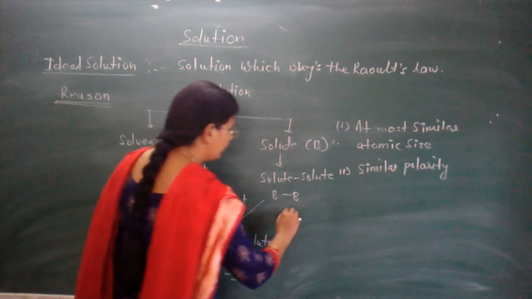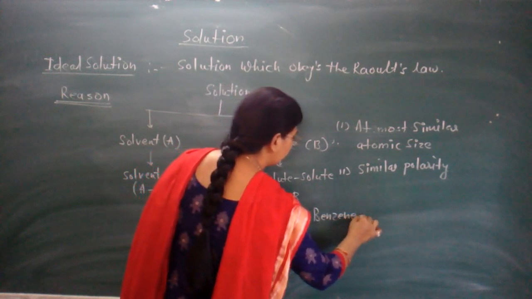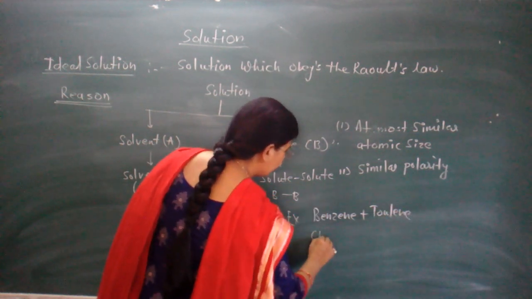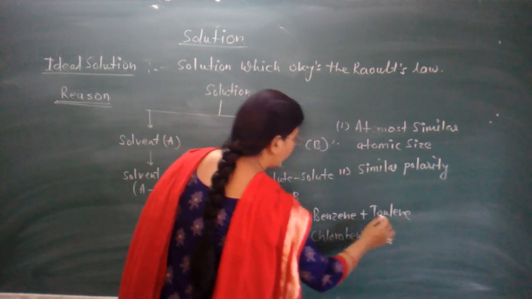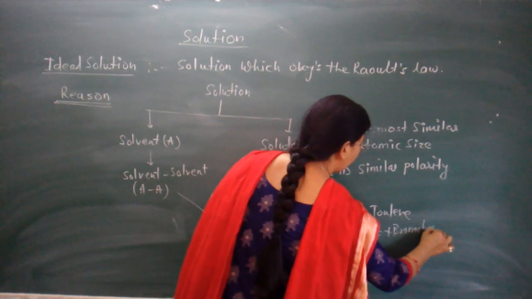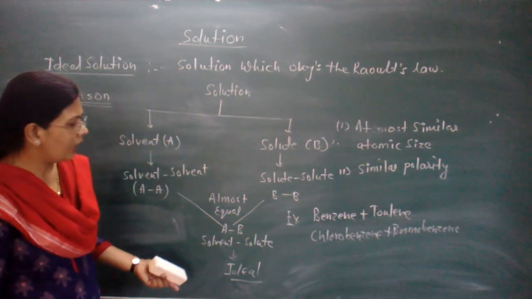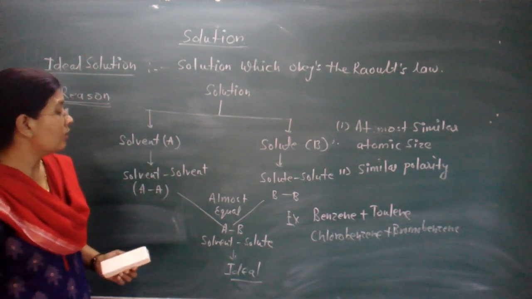For example, benzene plus toluene, chlorobenzene and bromobenzene show nearly ideal behavior. So these are the ideal solutions.